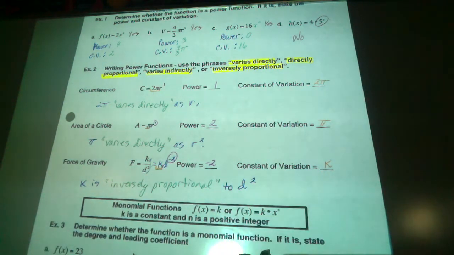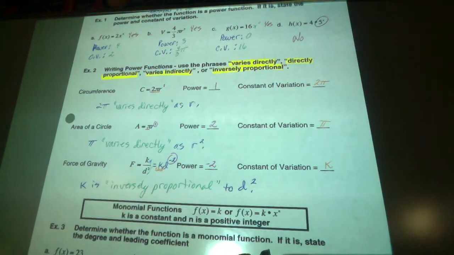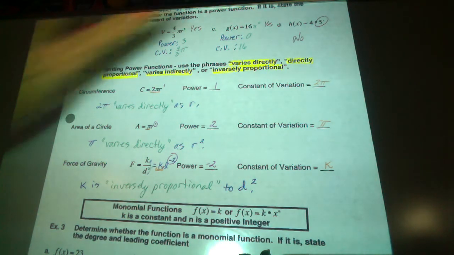Now I'm not writing d to the -2. I'm writing d squared because inversely proportional implies that it's in the denominator of that constant of variation. Yes, both will give you the same thing. No, don't do that, but a good thought.